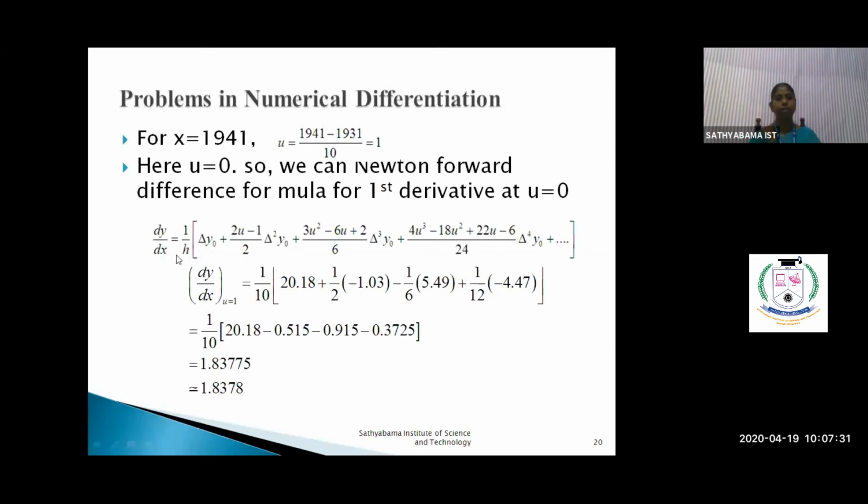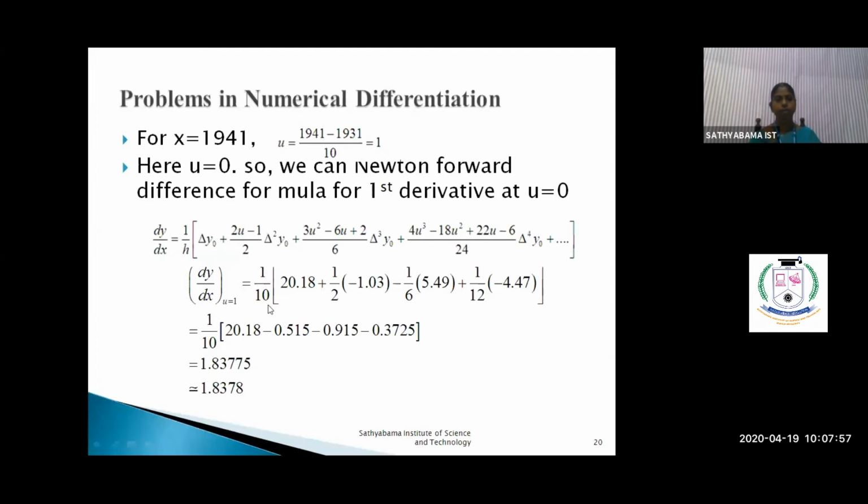So dy by dx is equal to 1 by h into delta y naught plus 2u minus 1 by 2 delta square y naught plus 3u square minus 6u plus 2 by 6 delta cube y naught plus so on. That formula we are going to use because u is equal to 1 here, not 0. So now dy by dx at u equal to 1, we put u equal to 1 in this formula.